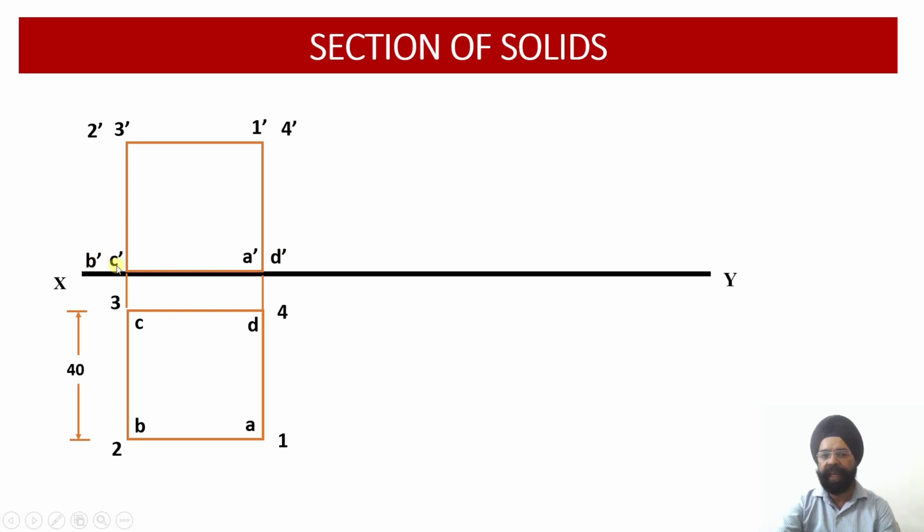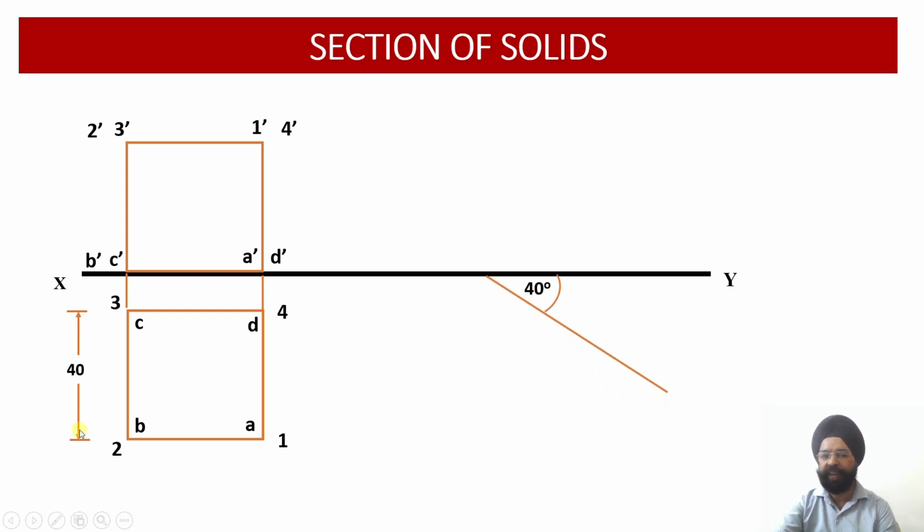So we have got B dash, C dash and A dash, D dash as the projections of the base in the front view. Similarly 2 dash, 3 dash and 1 dash, 4 dash are the projections of the top face of this particular cube, and the height is 40 millimeters.